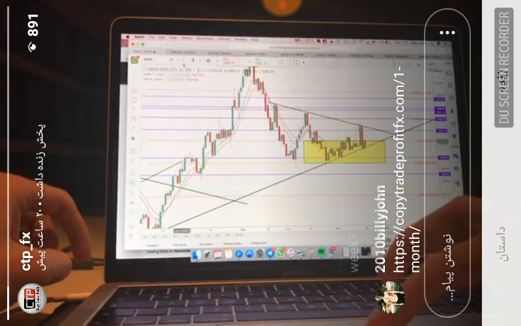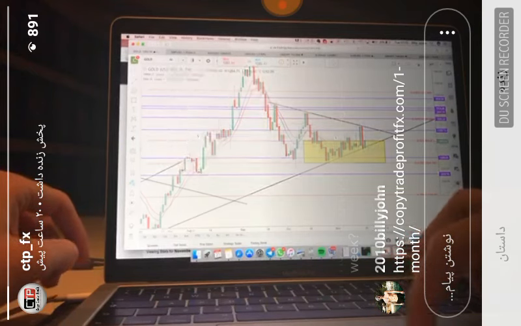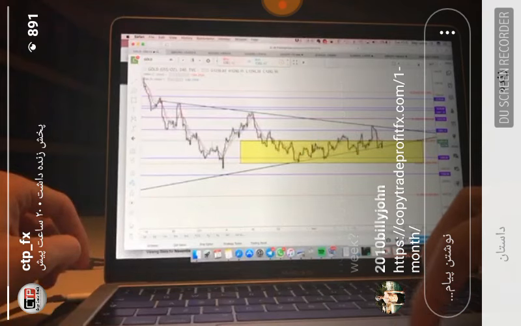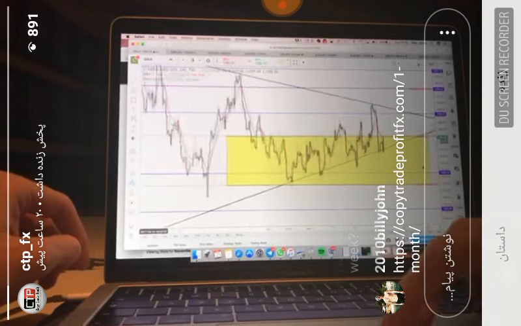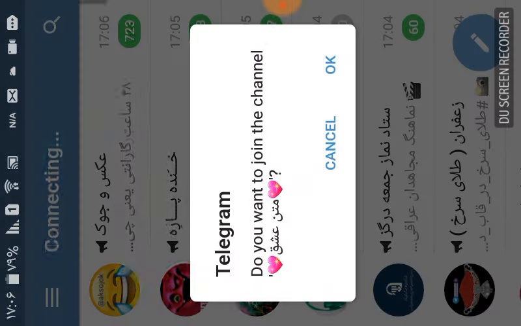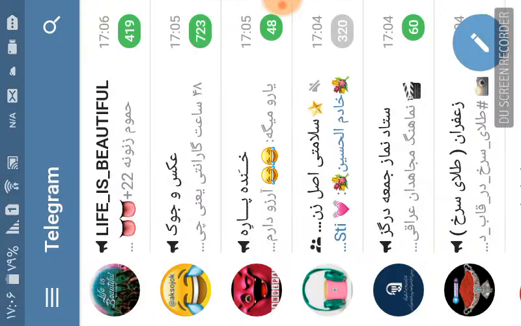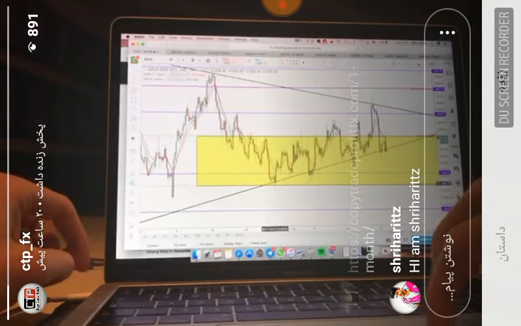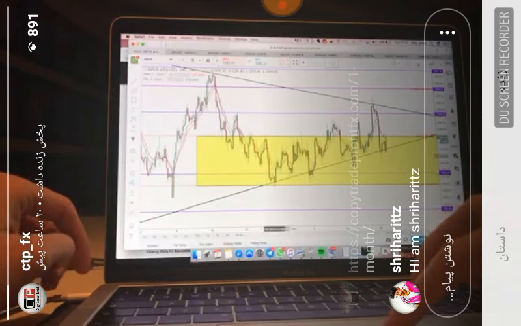I'll zoom in to the 4-hour time frame so you can see a little bit better. So you would be reasonably happy from these areas. 1, 2, 3, 4 higher lows.